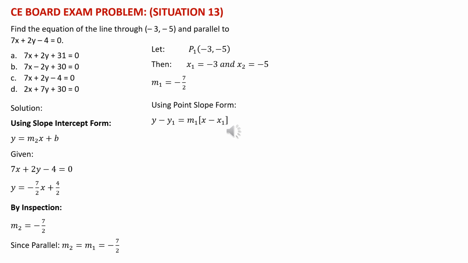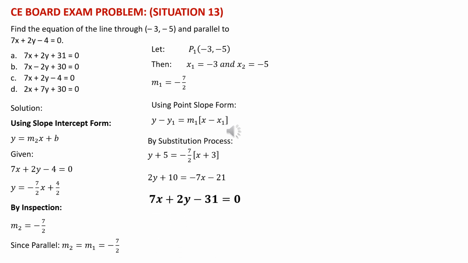And we have the formula as y - y1 = m1 times (x - x1). And by substitution process, it was very clear that the equation is y + 5 = -7/2 times (x + 3). Finally, our answer to this given board exam problem, situation number 13, we have it as 7x + 2y + 31 = 0.